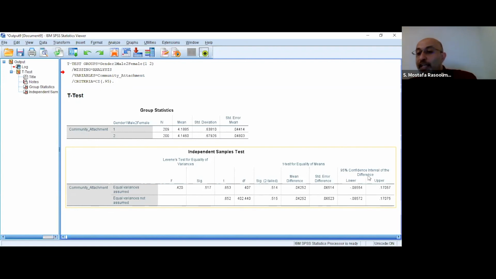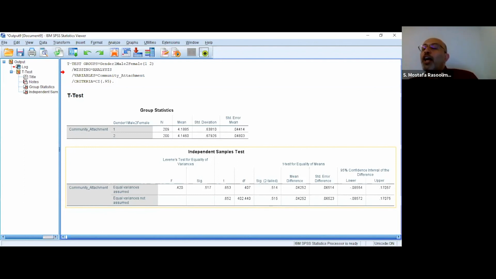Here also, if you look at the confidence interval, lower and upper levels, the lower level is negative, the upper level is positive. So 0 now falls within this range. 0 is between lower and upper level, right? Because the lower level is negative and the upper level is positive.